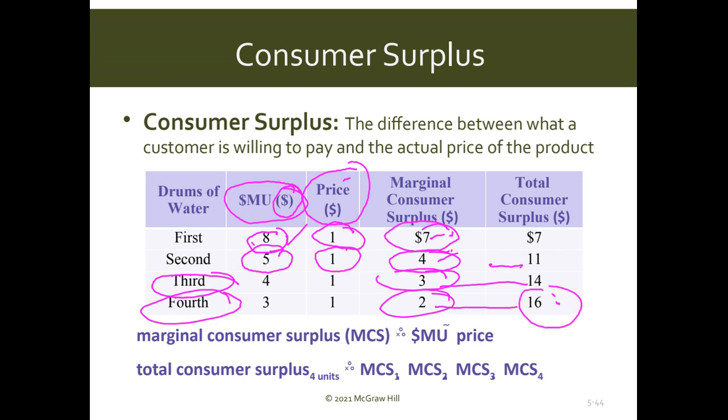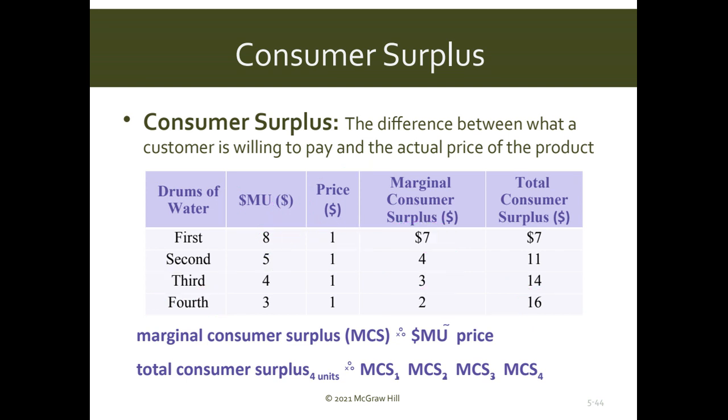Now, this is one way, but the simplest way is this, if you know my earlier real life example. Suppose for all these 4 units at the same time, you go to the shop and you want to buy 4 drums of water. How much are you willing to pay for these 4 drums according to your level of satisfaction?